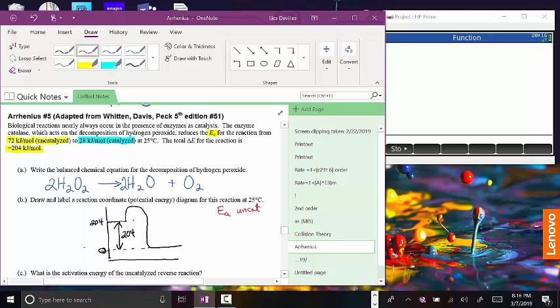Alright, so it's reactants up to, and it said that was 72 kilojoules per mole. So that means that value there is plus 72.